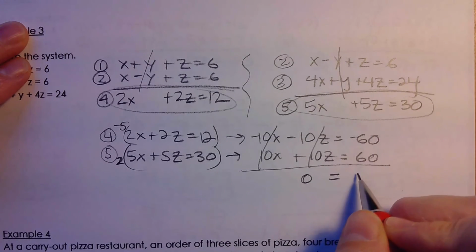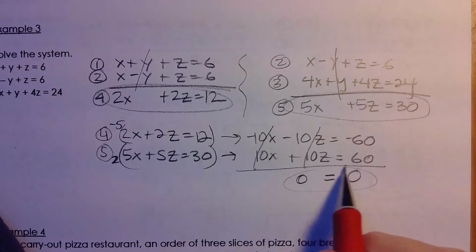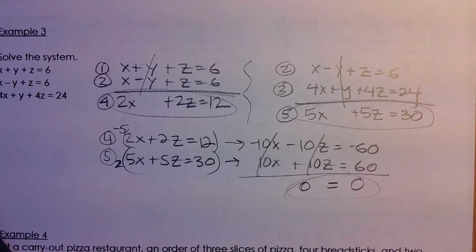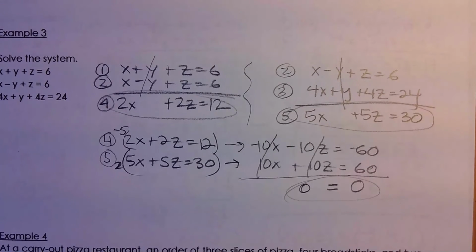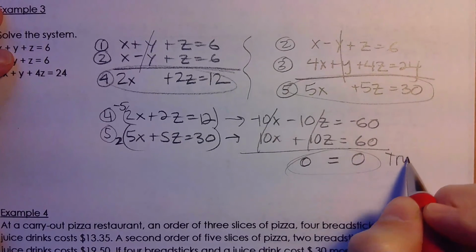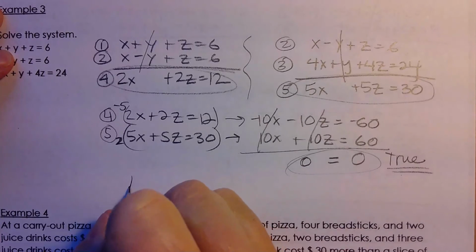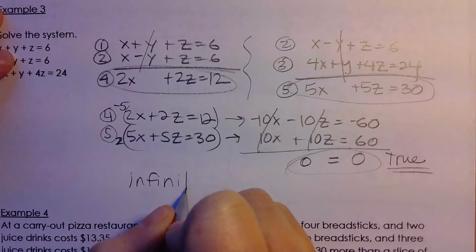And so the number on the other side also goes to 0. So I can't finish actually solving this. I did use all 3 equations here, and we worked our way to a point where we are no longer able to solve it. But what we have left is a true statement. That tells me that I have infinitely many solutions.